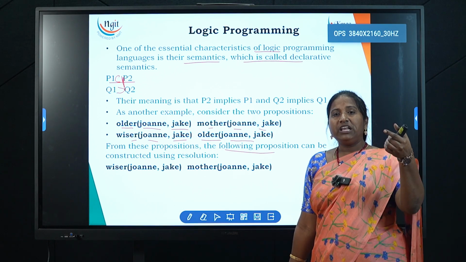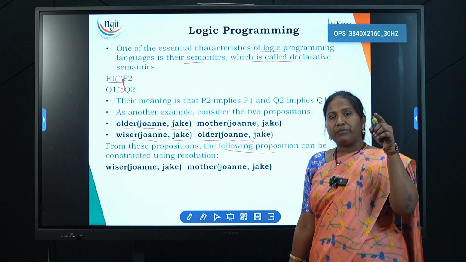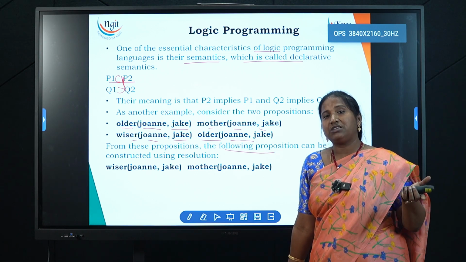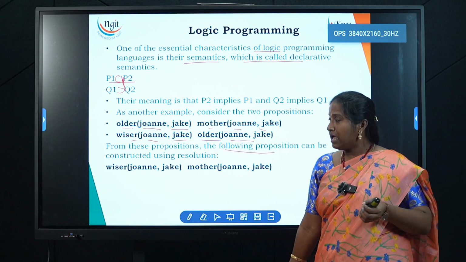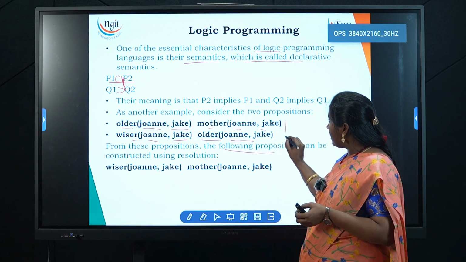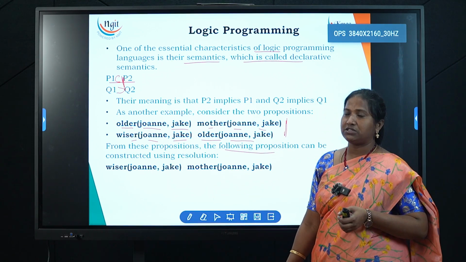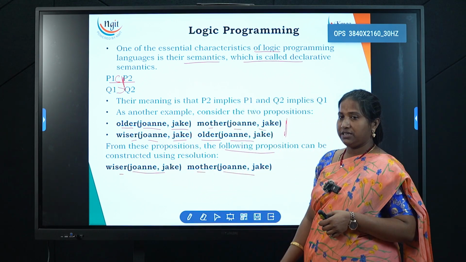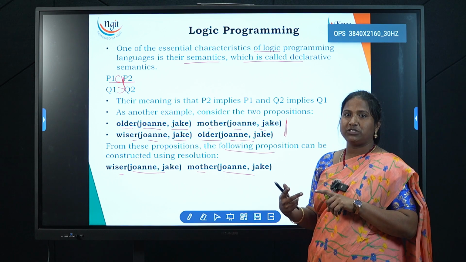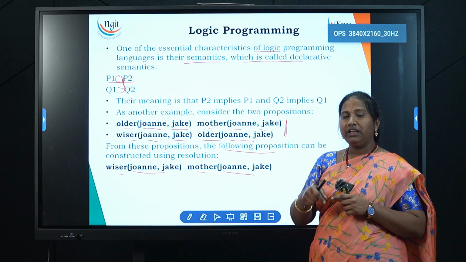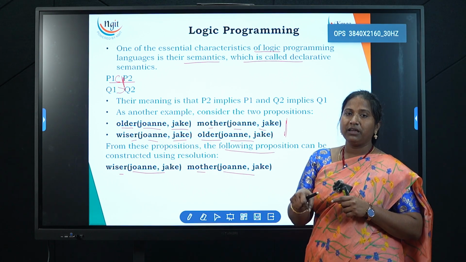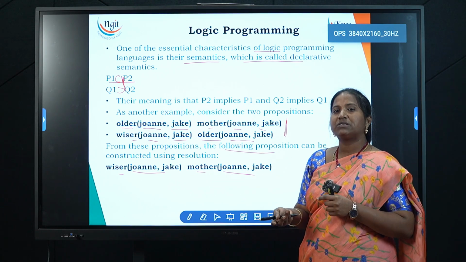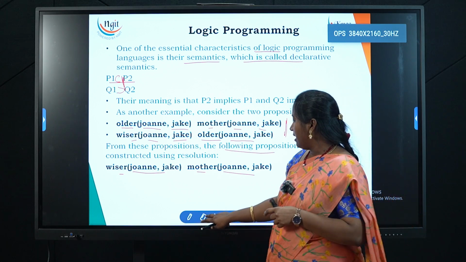One is, we will have a proposition, and from that proposition you can generate your own proposition. We just discussed that in the previous slide. So the proposition I can come up with from these two propositions, wiser John Jake and mother John Jake, is a new proposition. I am repeating once again, according to the intrinsic semantic, you may not write whatever semantic I am just giving, you can also come up with your own proposition.